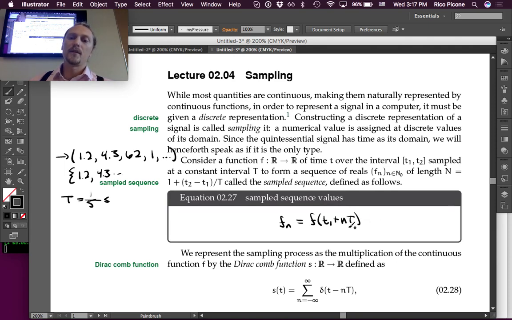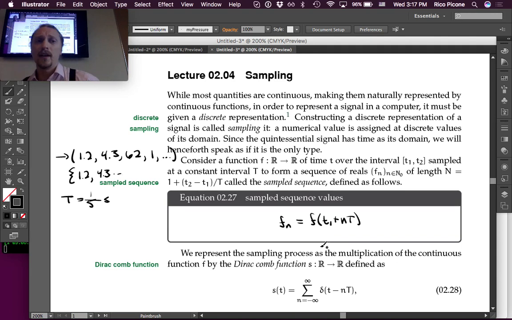So if you're taking the 12th sample, n would be 12, and you would be 12 sample periods in, and that would evaluate the function there, and that's what your f sub n is.